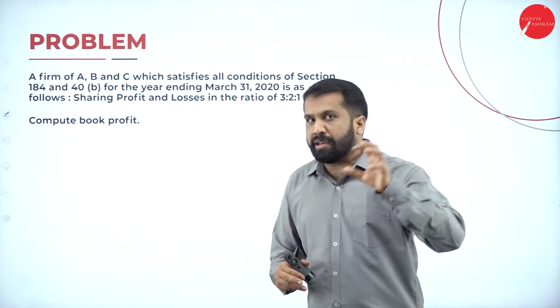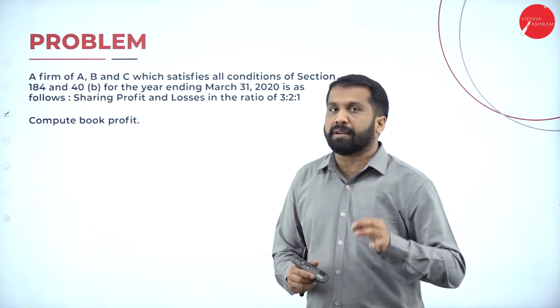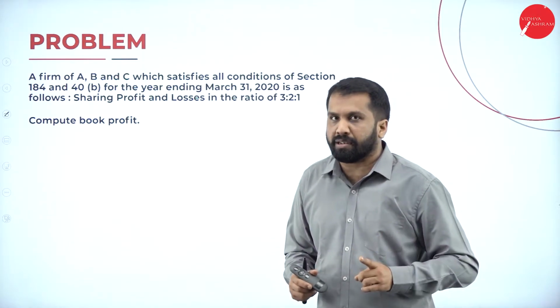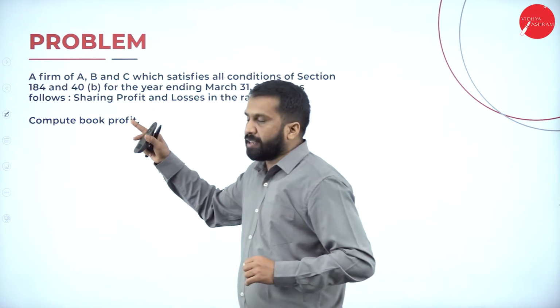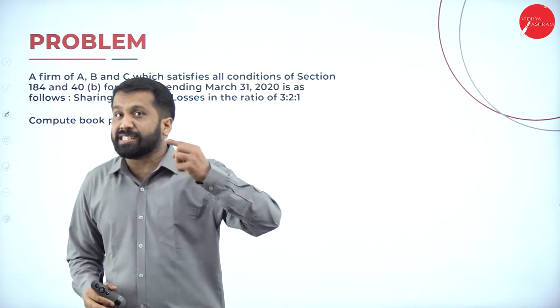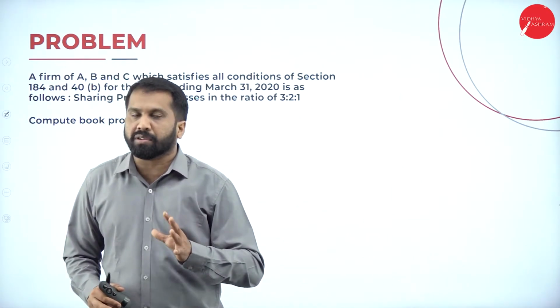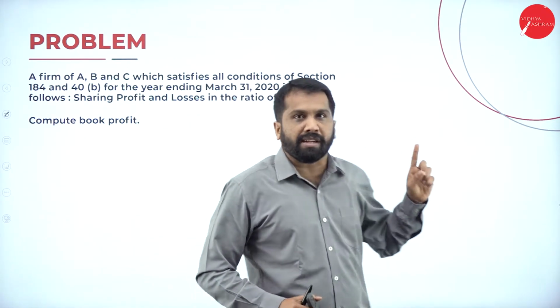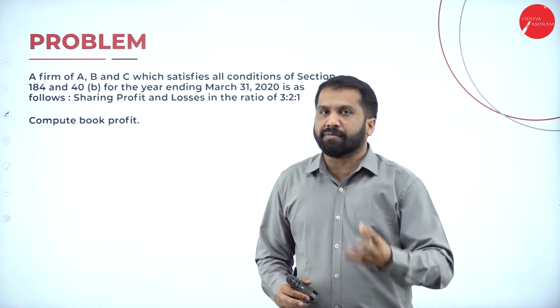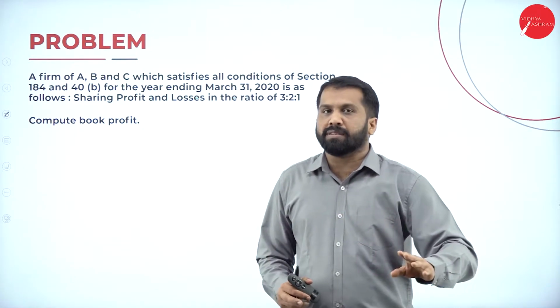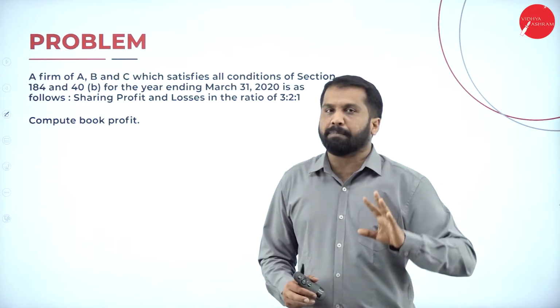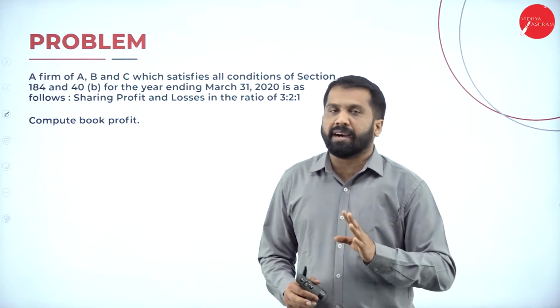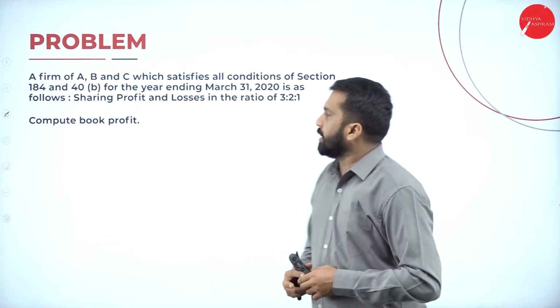Then the whole interest paid on capital we are supposed to consider. Hope you are clear. If there is section 184, we take excess of 12% of interest on capital. If section 184 is not there, then even if it is 5,000, 10,000, 20,000, irrespective of percentage, we have to copy and paste it in the inadmissible items. Hope you are clear.